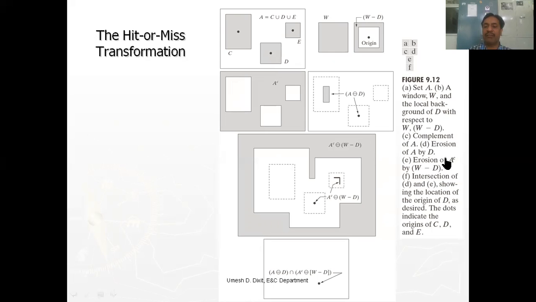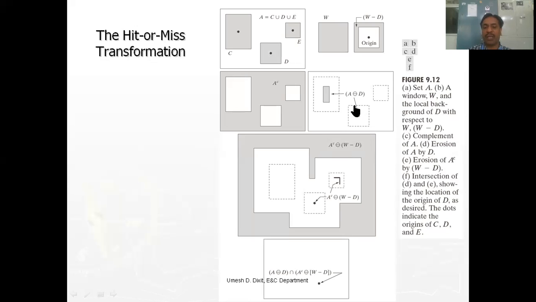Then we apply the erosion operation between the complement of A and W minus D, which produces this part of the result.